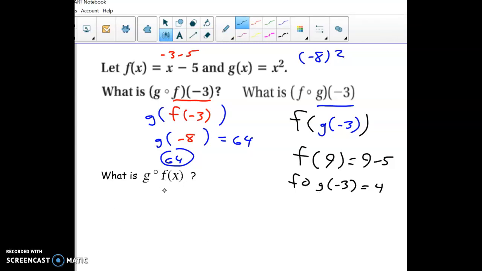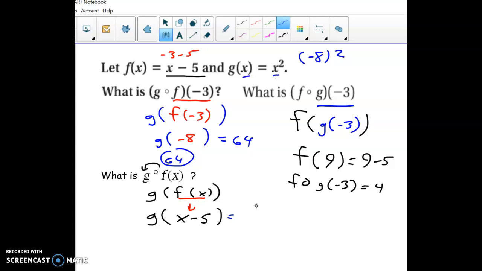Okay, and then the last type again is the trickiest type, where in this case we're doing g open dot f of x. I'm going to write it in the other notation. So we want to pass the entire f of x function into g. Sometimes the way I write this is I just say f of x is equal to x minus 5. That is what f of x is. So I just replace it with that and then pass that whole thing into the g function, and the g function just squares its input.